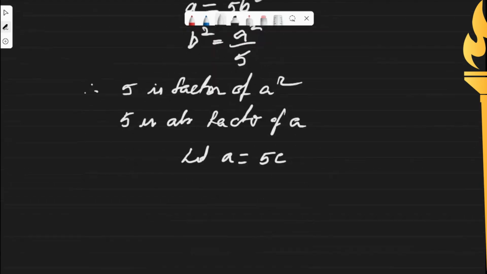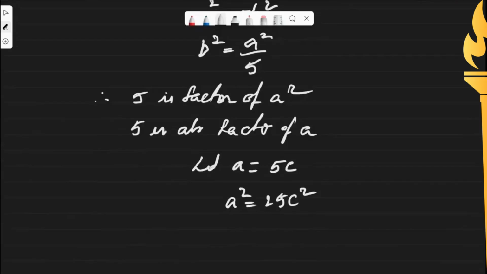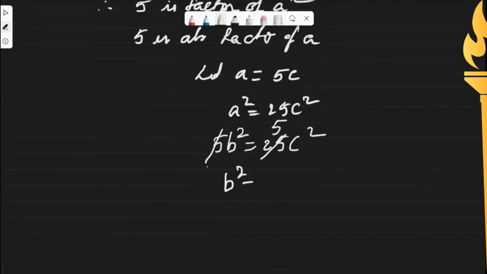So again, let us square: a square equals 25c square. And a square will be equal to 5b square, which is 25c square. Dividing by 5, b square equals 5c square. And now here, c square equals b square by 5.